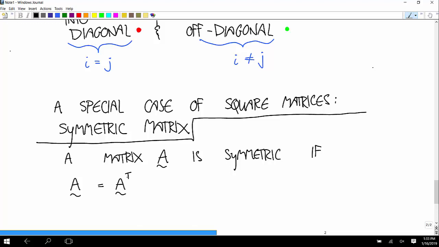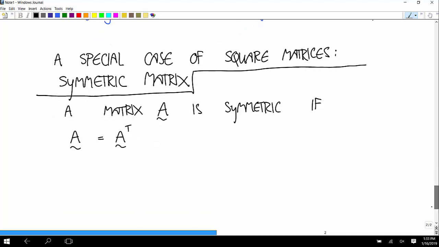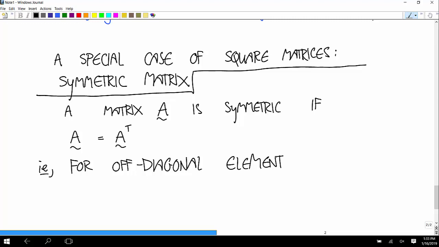That means that, in other words, for the off-diagonal elements, lowercase a_ij is equal to lowercase a_ji for every i and j.